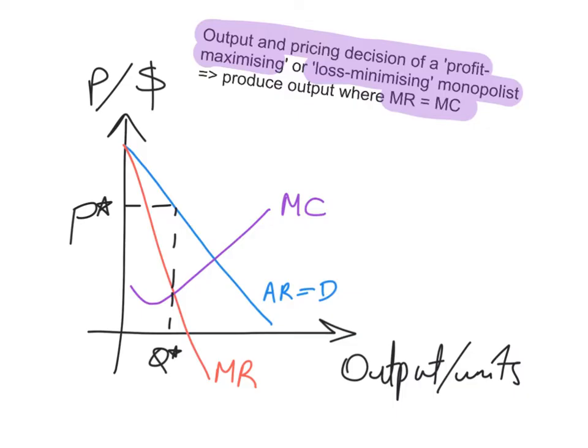Be careful. A lot of students would set the price as the price where marginal revenue and marginal cost intersect. That's not the price. That just gives us the profit maximizing quantity, but then you have to go up to the demand curve to get the profit maximizing price that the monopolist will set.